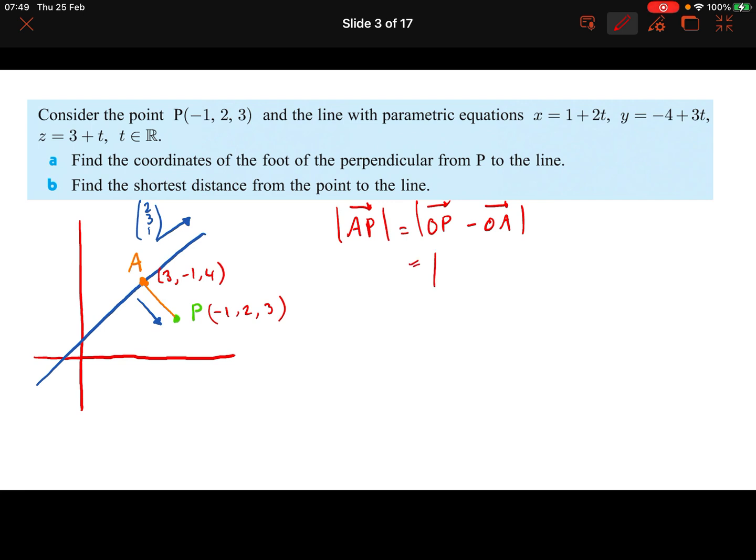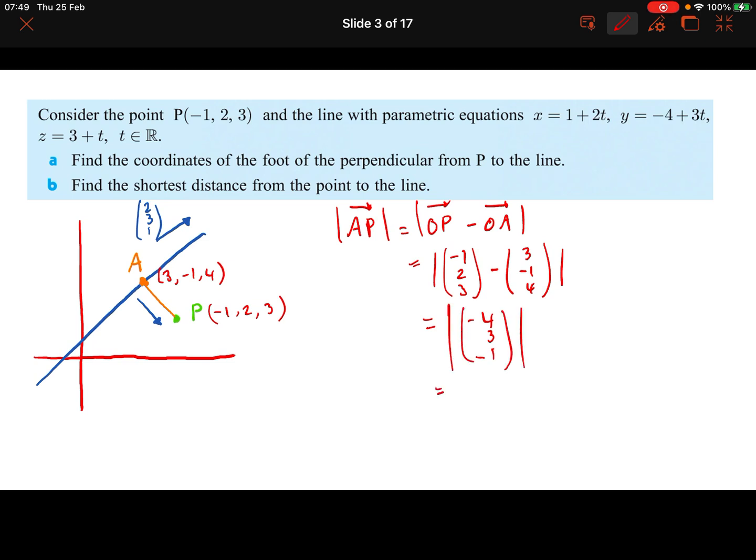So it's the magnitude of minus 1, 2, 3 minus 3, minus 1, 4, which is equal to minus 1 minus 3 is minus 4, 2 minus minus 1 is 3, 3 minus 4 is negative 1.